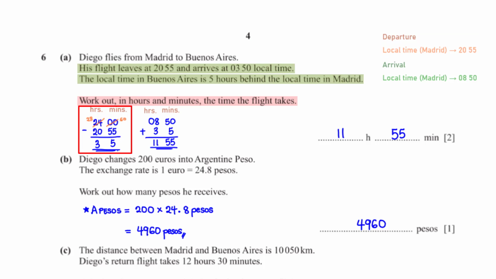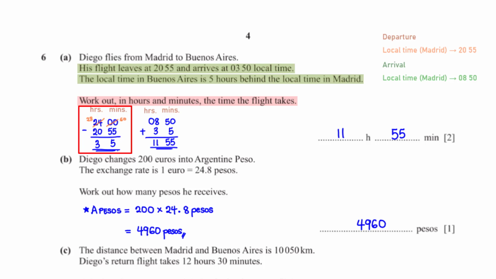Under the minute column, we can't subtract 55 from 0, so we get 1 hour from the hour column, which becomes 60 minutes under the minute column. So now, 60 minus 55 is 5. Under the hour column, 23 minus 20 is 3.